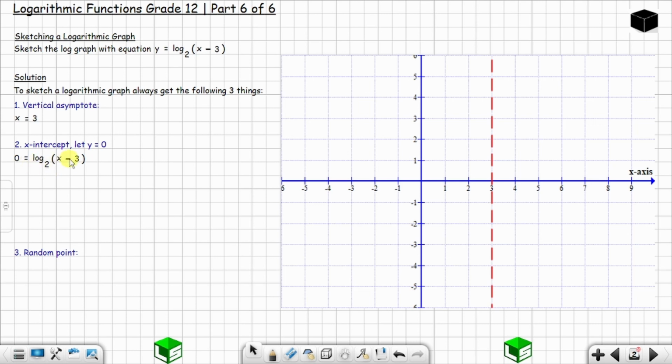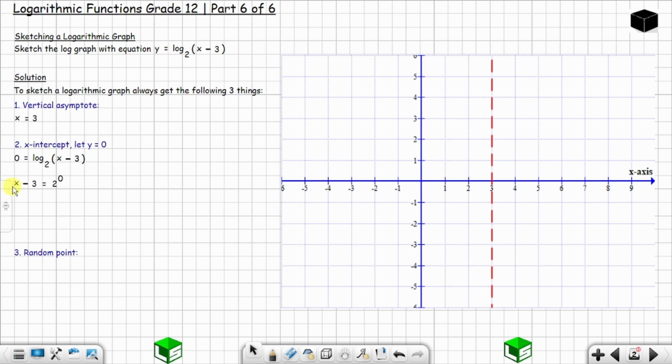You have x minus 3 is equal to, this is your base, it is written as the base, and everything that you have on the other side is your exponent.